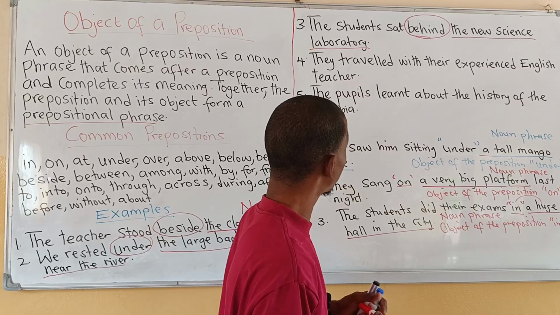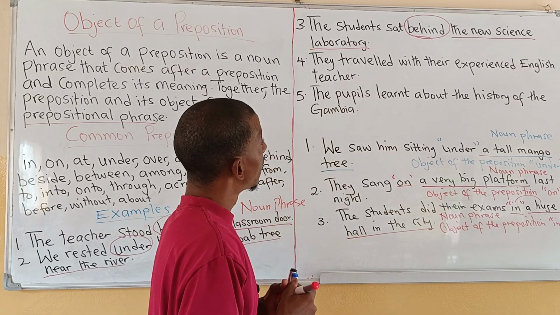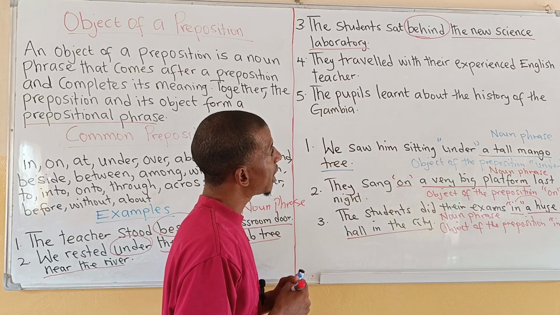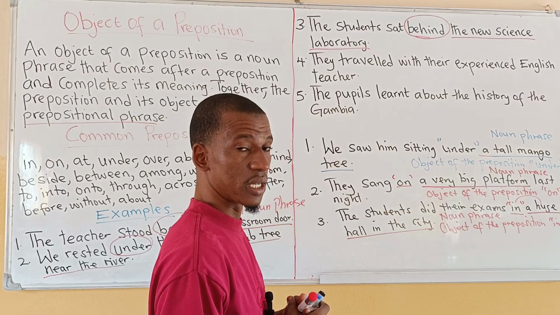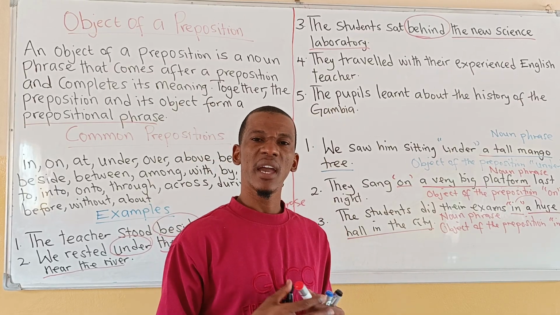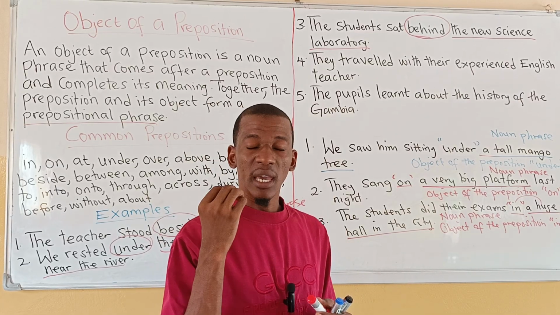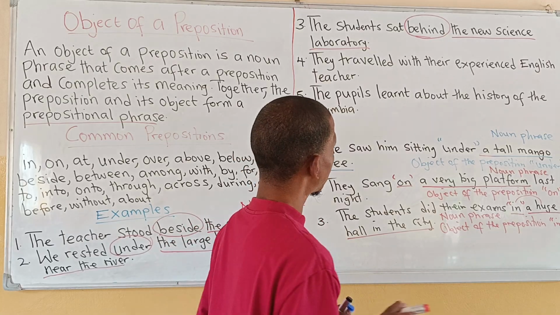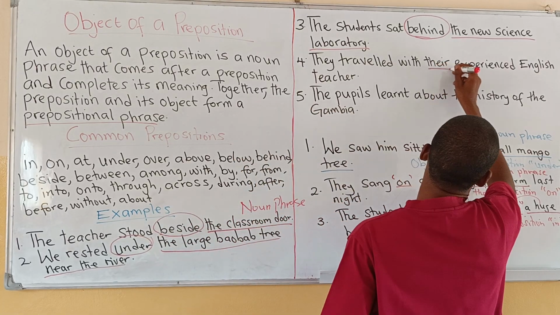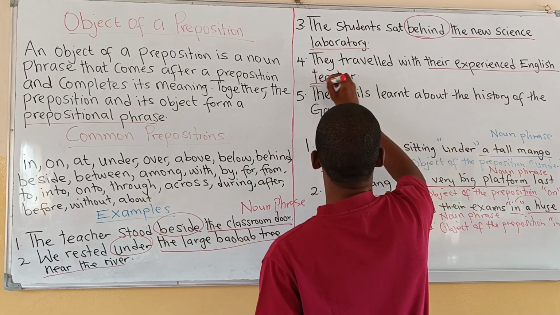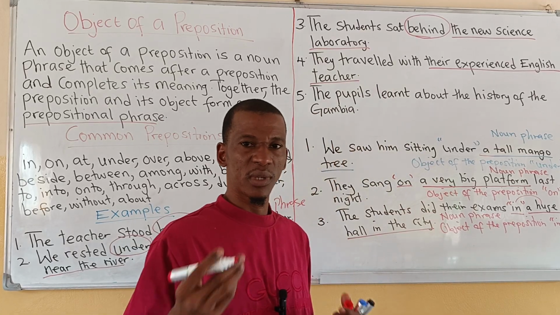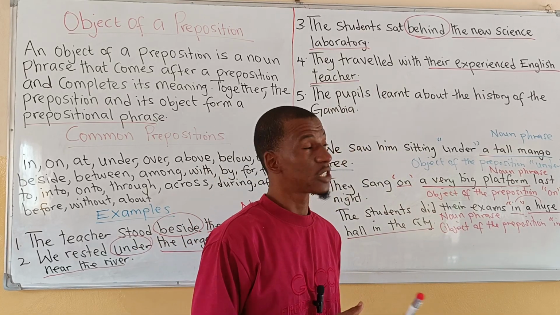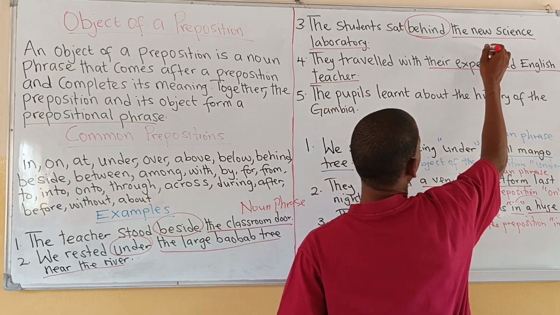Please, let's look at the fourth sentence. It says, they travel with their experienced English teacher. So what is our noun phrase? Our noun phrase is their experienced English teacher. So this is also a noun phrase, okay?